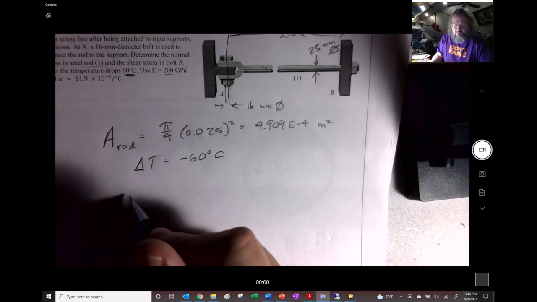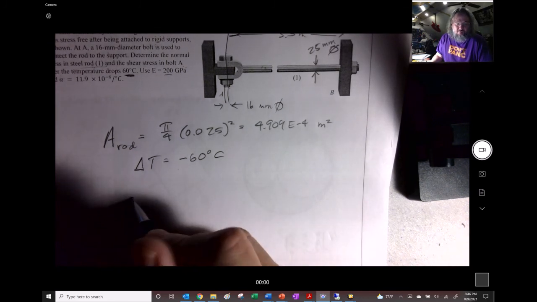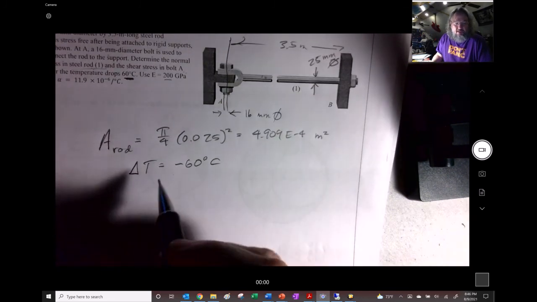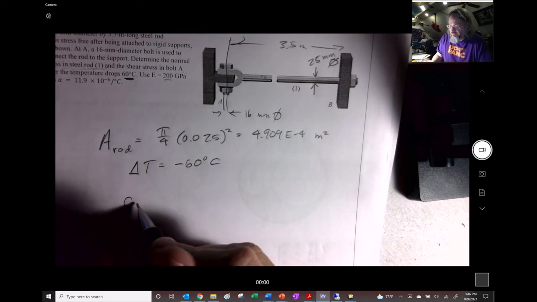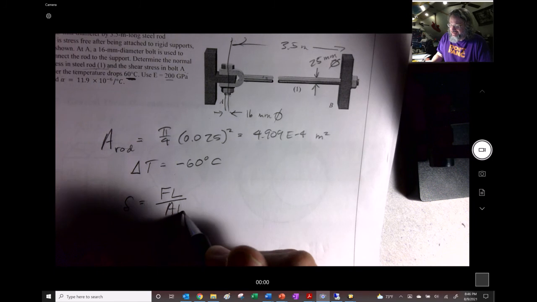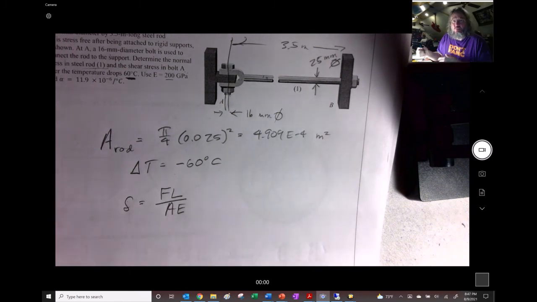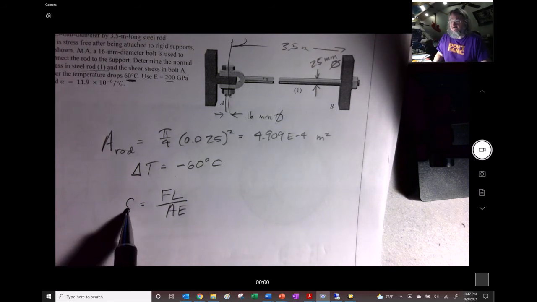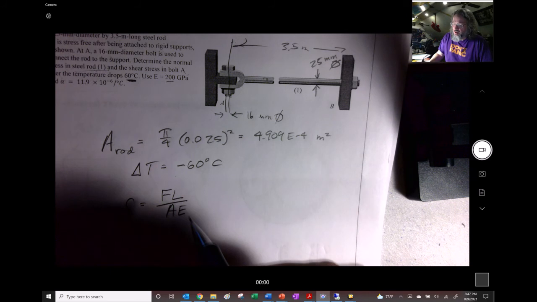So the deformation that it would have if it could would be FL over AE. If you apply a force to something, this is the amount of deflection that you get.